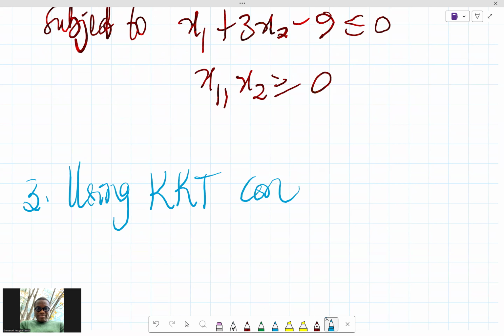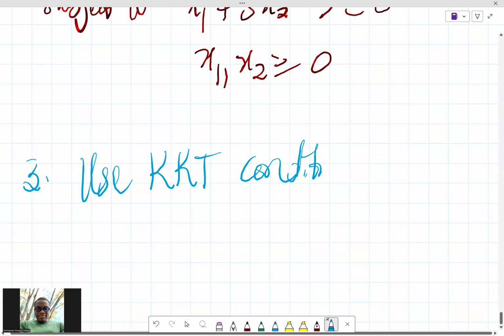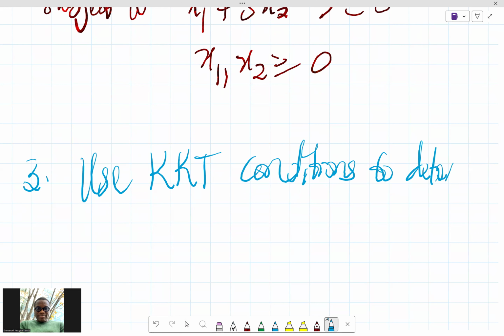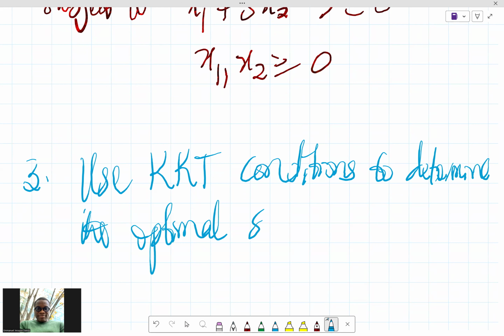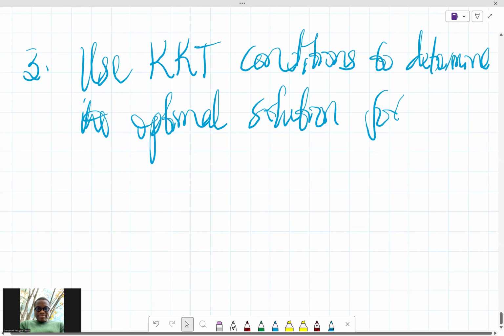using Karush-Kuhn-Tucker conditions. I mean, use Karush-Kuhn-Tucker conditions to determine the optimal solution for this.